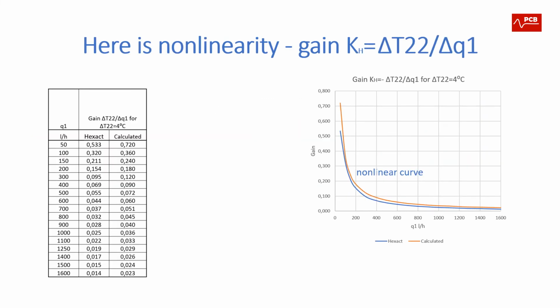If you have a look at the characteristic of the gain of these two types of static characteristic, it means the calculated one and the exact one, we can see that those curves are almost the same. So we can accept this calculated version and therefore also the principle of equal percentage.